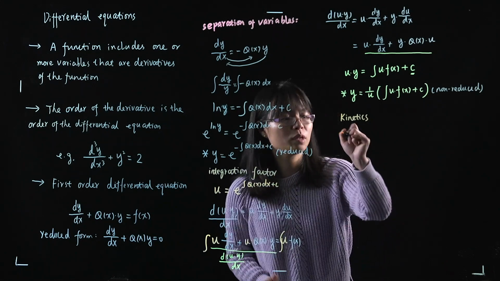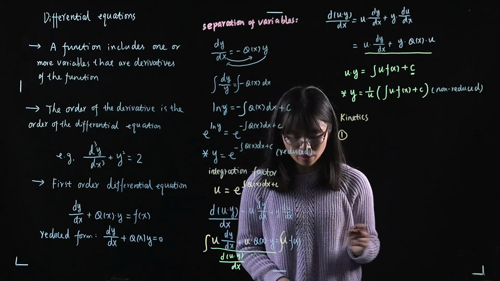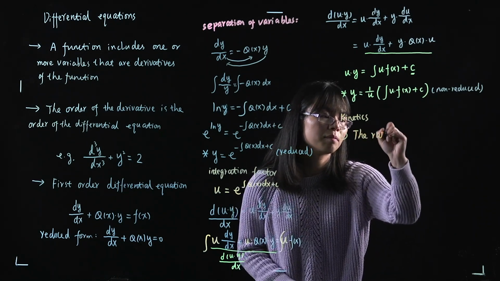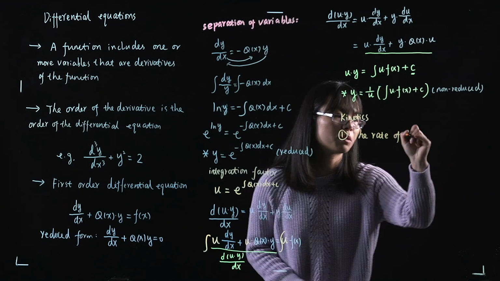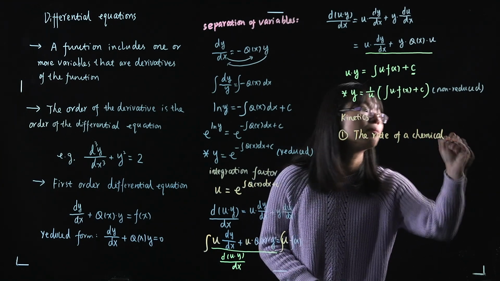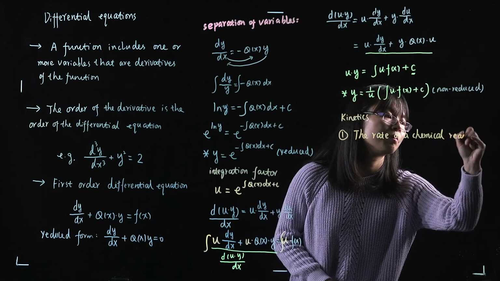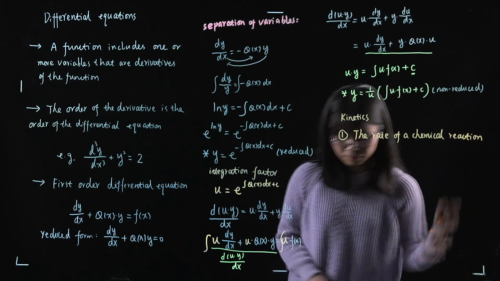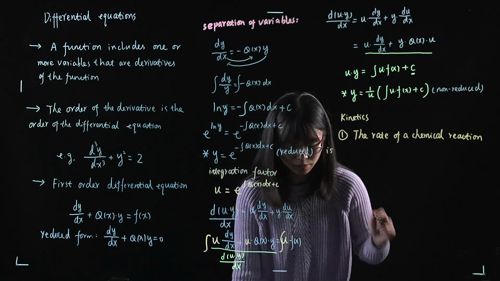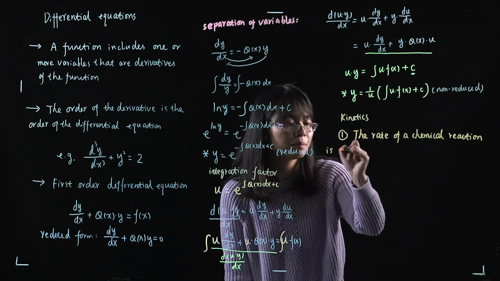The first question that we're going to work on is: the rate of a chemical reaction is proportional to the concentration of the reactant.